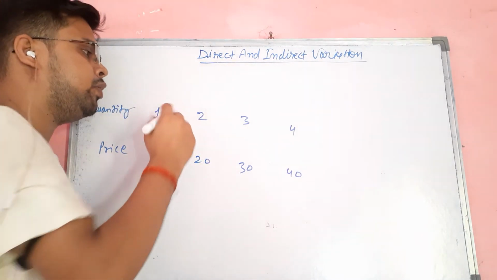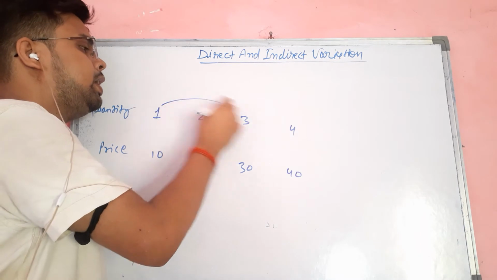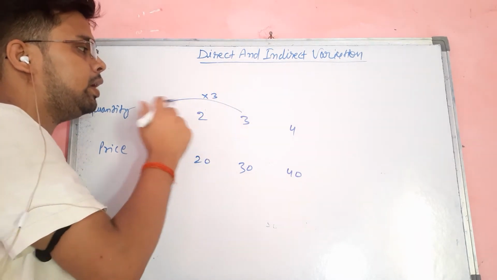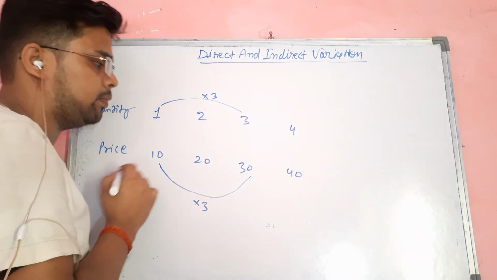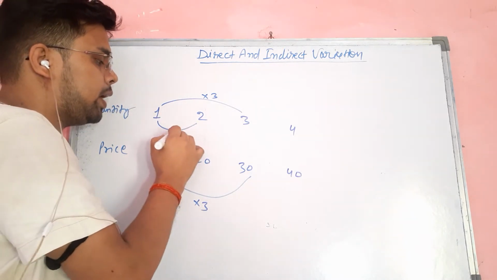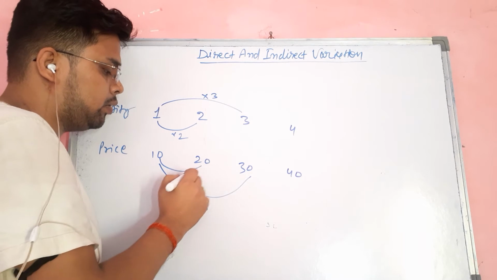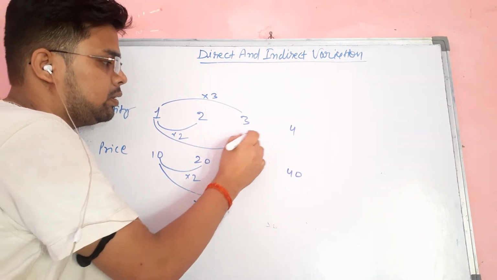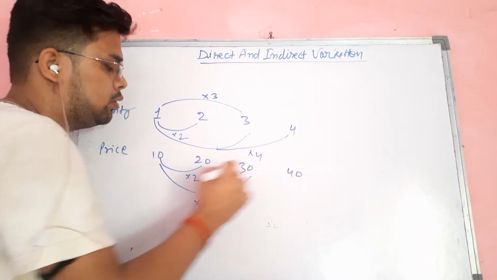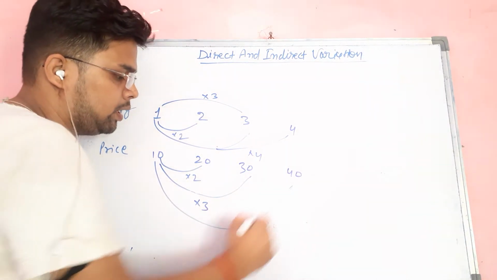And one more thing, if you increase the quantity 3 times, the price will also increase by 3 times. If you increase the quantity 2 times, the price will also increase by 2 times. If you increase the quantity 4 times, the price will also increase by 4 times.